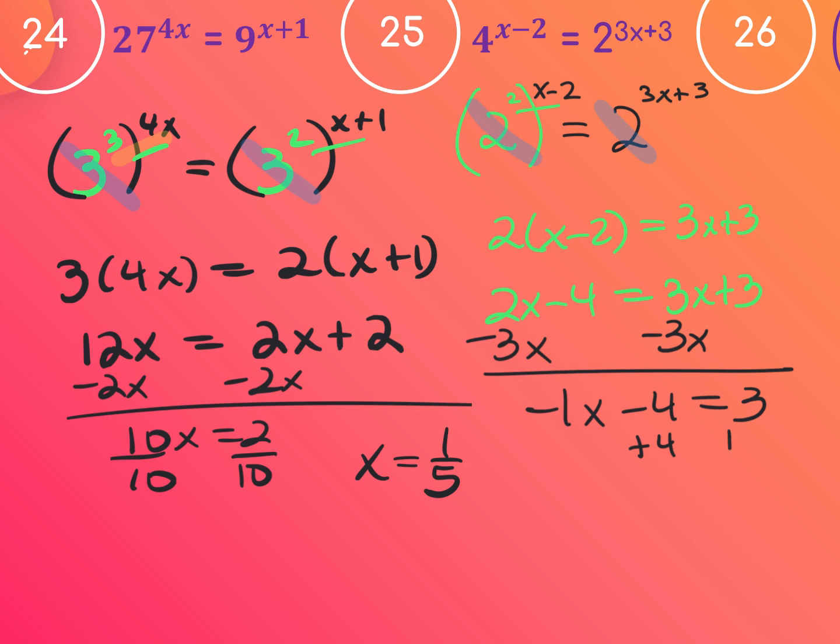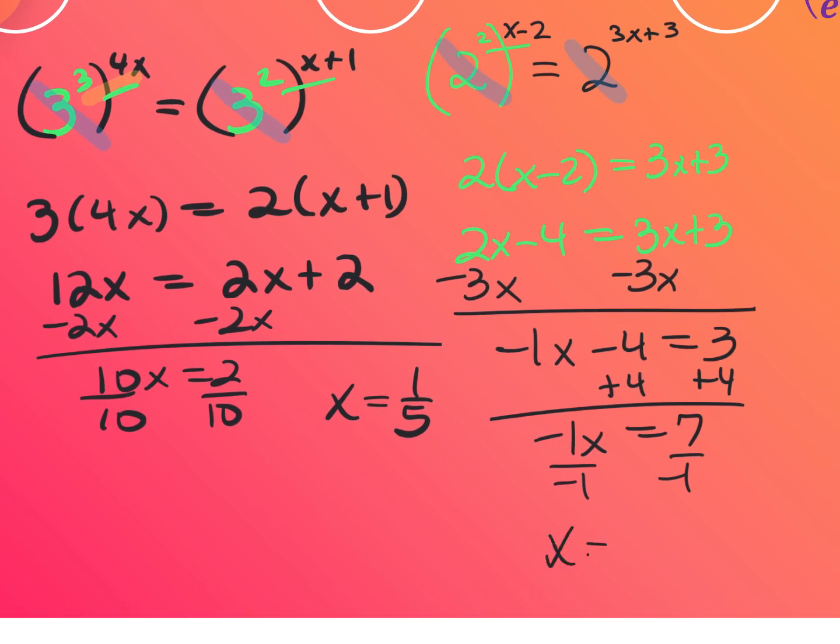Add the 4. Negative 1x equals 7. Divide by negative 1. And x equals negative 7. So x can also be a negative number. So x can be an integer, and it can also be a fraction, or even it can also be 0.